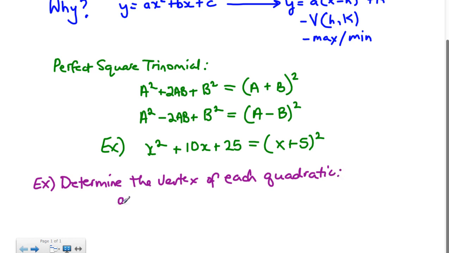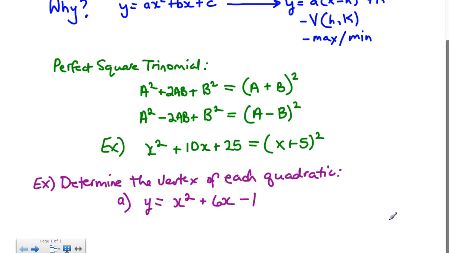All right, so let's start with A. Let's say I was given the quadratic function y is equal to x squared plus 6x minus 1. And we need to know what the vertex of this is.